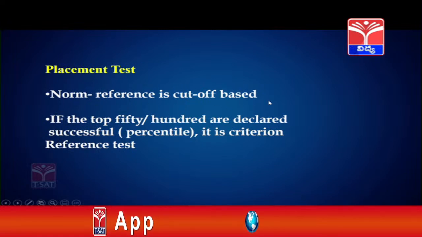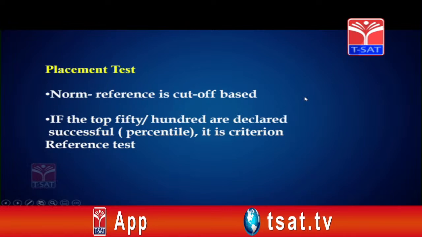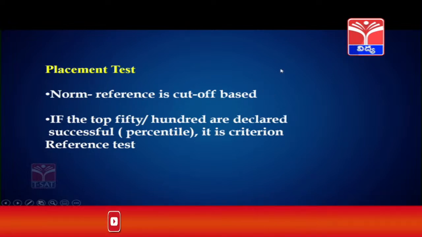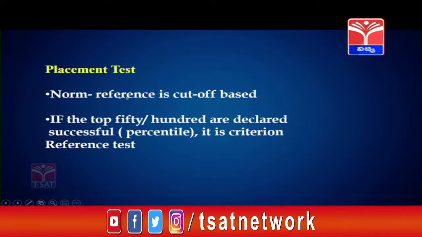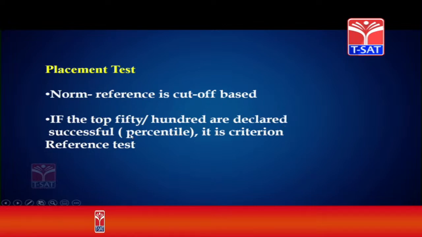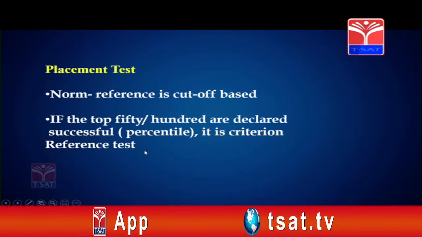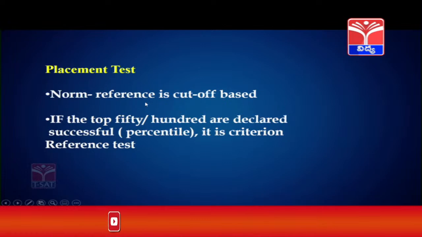We all know in competitive examinations there is a cutoff mark. So, whoever has crossed the cutoff mark will be declared successful. On the other side, if the top 50 or top 100 are declared successful, it refers to percentile, and it is a criterion reference test. So, a placement test can be norm reference or criterion reference.